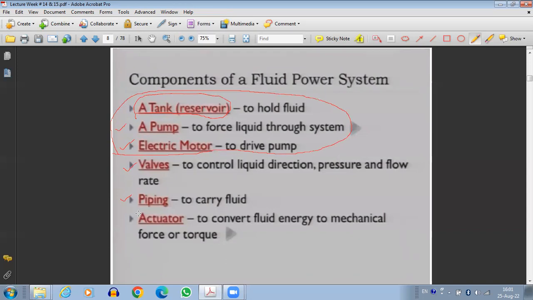For the transmission, we normally have an actuator. The actuator is going to convert the fluid energy into mechanical force or torque. This is basically a piston cylinder device in most cases, which we use to produce mechanical power using the fluid power. So these are the basic components of the hydraulic system.